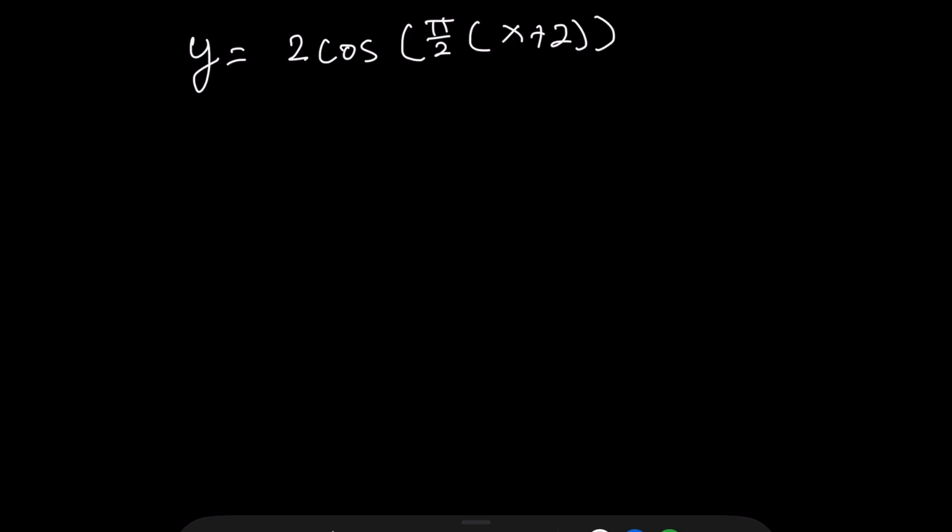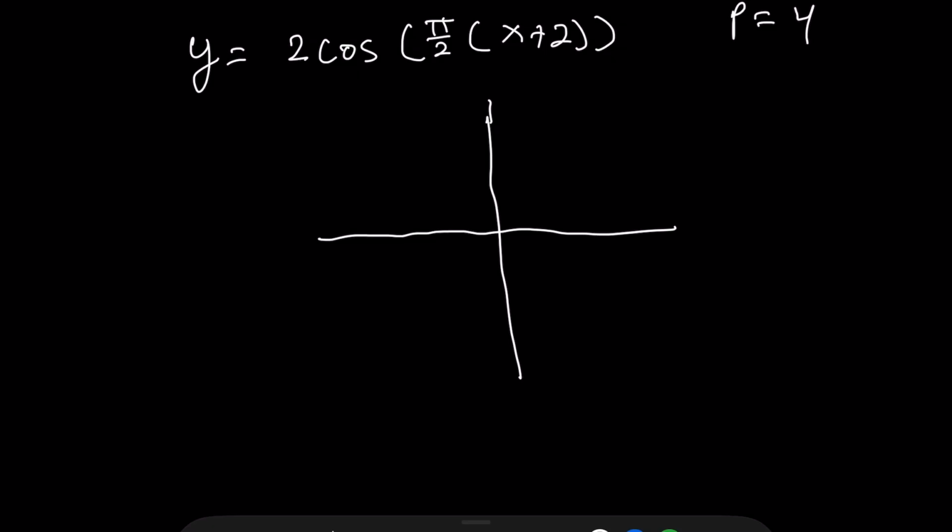Okay, let's graph this guy. So same idea, this is A, this is B, this is C, and D is equal to 0. Let's graph it. So important thing to note, period is equal to 4, because 2 pi over 2 should give us 4. Okay. Amplitude is equal to 2, right?